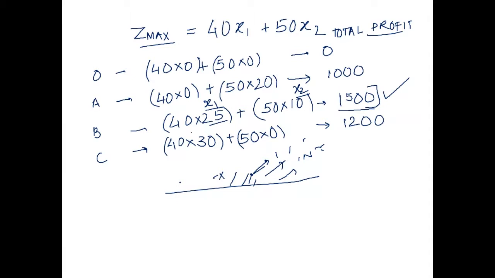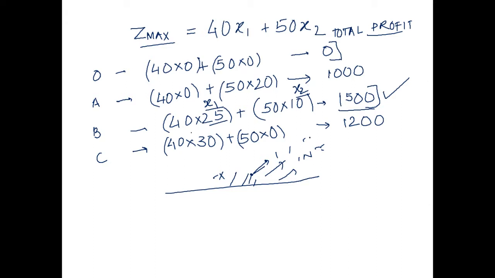Now, if it is a minimization problem, the first possibility is that 0 will not come. But even if it comes, we will not select 0, because 0 is not a logical decision alternative. Why?